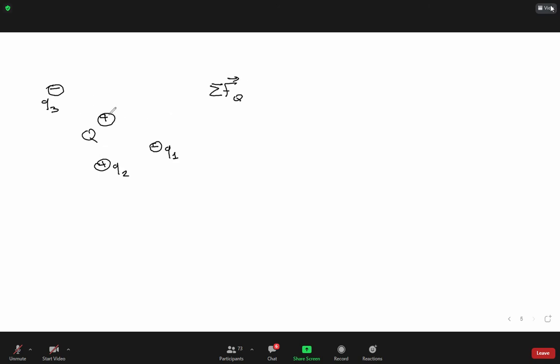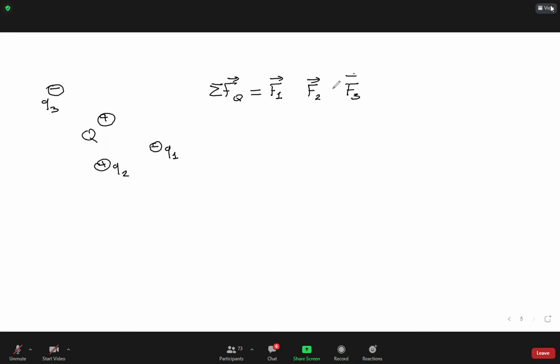Well, I can consider the interactions in pairs. Big Q is a charge in the presence of three other charges. So there's going to be three separate interactions. There's going to be a force from little q1, which I can write as F1. There's going to be a force on big Q from little q2. Let me call this force F2. And big Q will also be acted on by Q3 with the force F3.